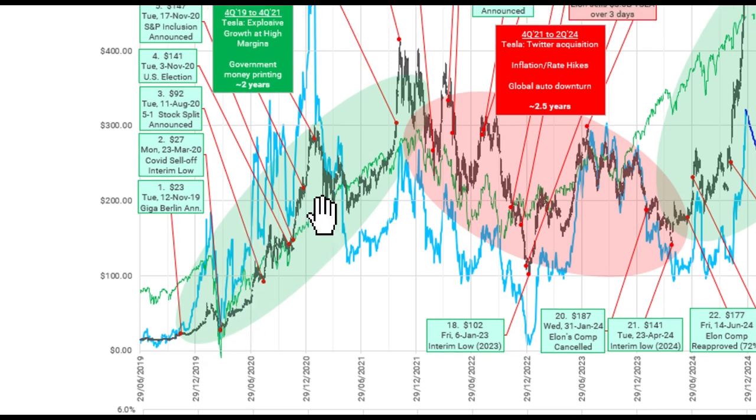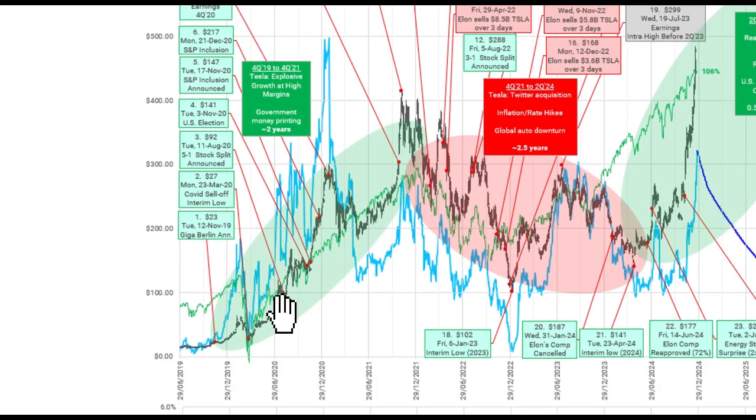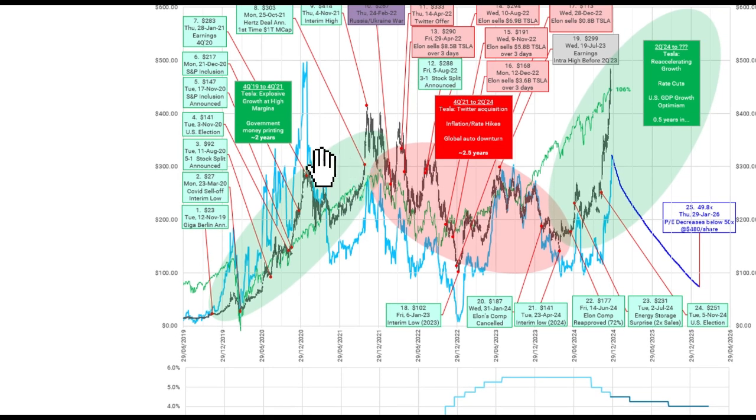And then a lot of fortuitous circumstances, the S&P 500 inclusion, another stock split, quickly ramping vehicle production thanks to Shanghai, the prospect of Berlin coming online. This is what you see in this exploding share price in Tesla, very high vehicle margins driven by COVID anomalies. I've talked about this stuff a lot before.